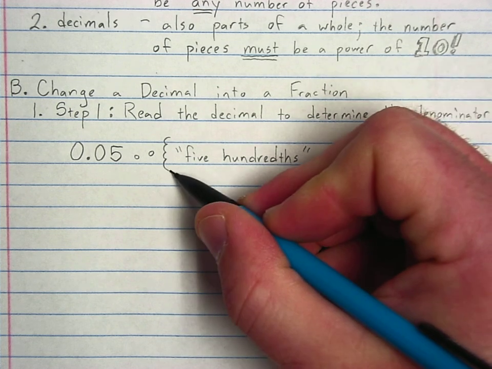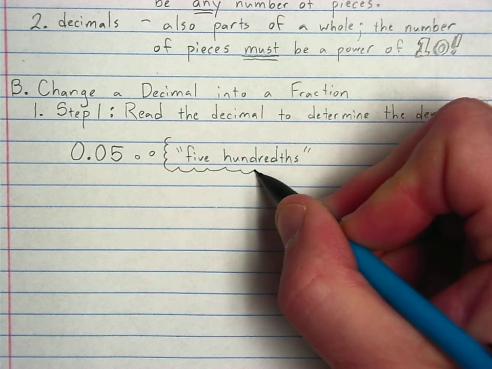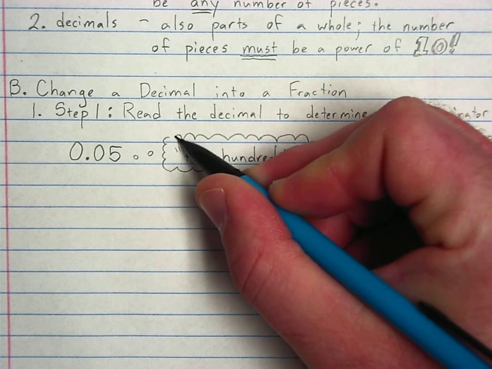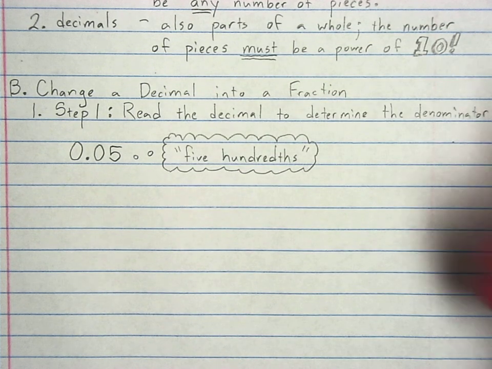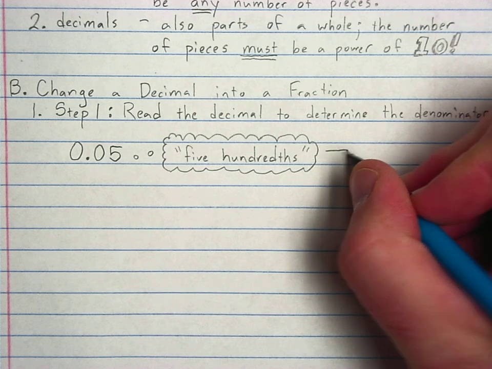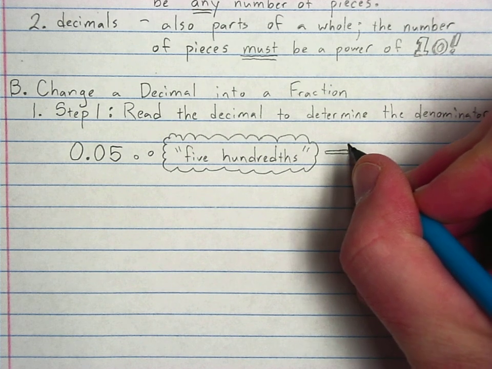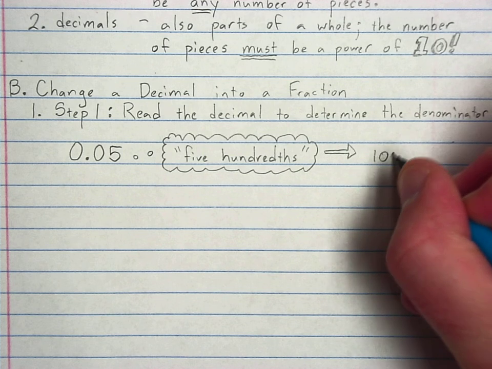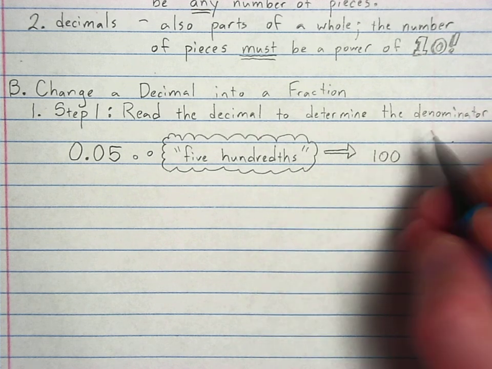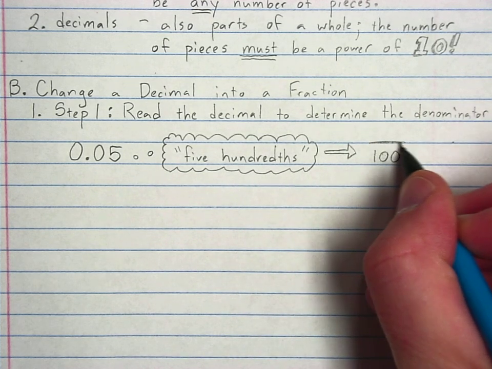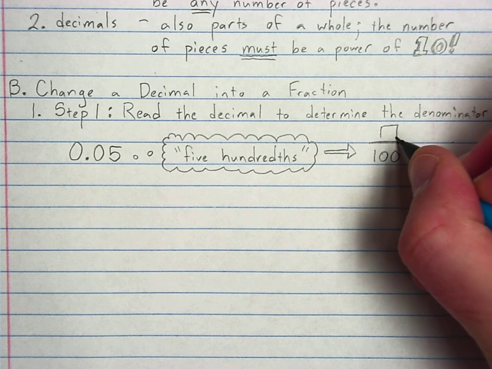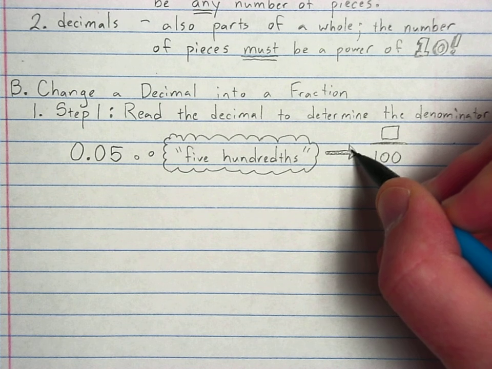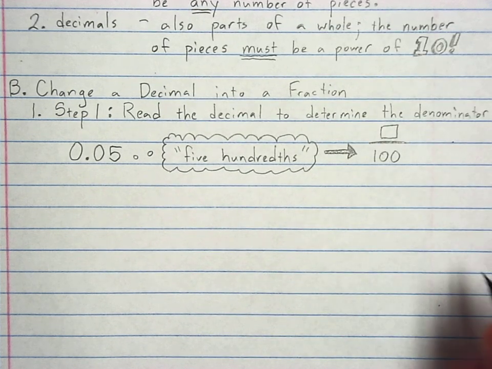It goes out to the hundredths place. So 5 hundredths. Now, at this point, I really could just write the thing. But we'll take it a piece at a time, at least for this example. We're focusing on the denominator. Hundredths means it's going to be something over 100. And yes, most of us, I think, probably already know what's going to go in that little box.